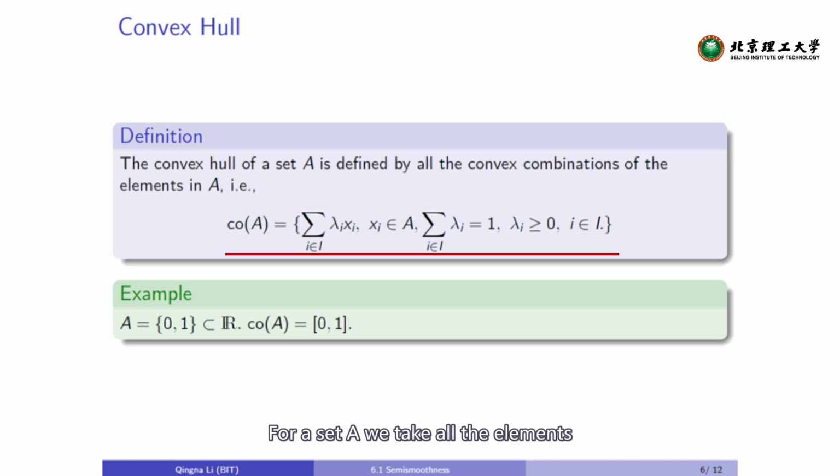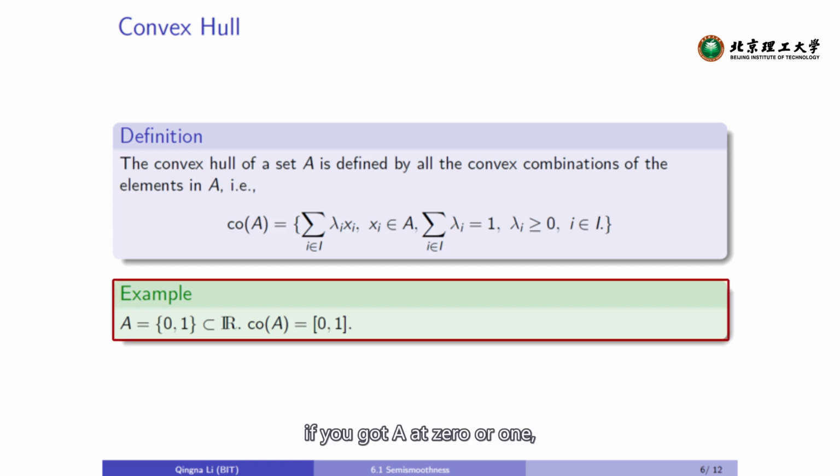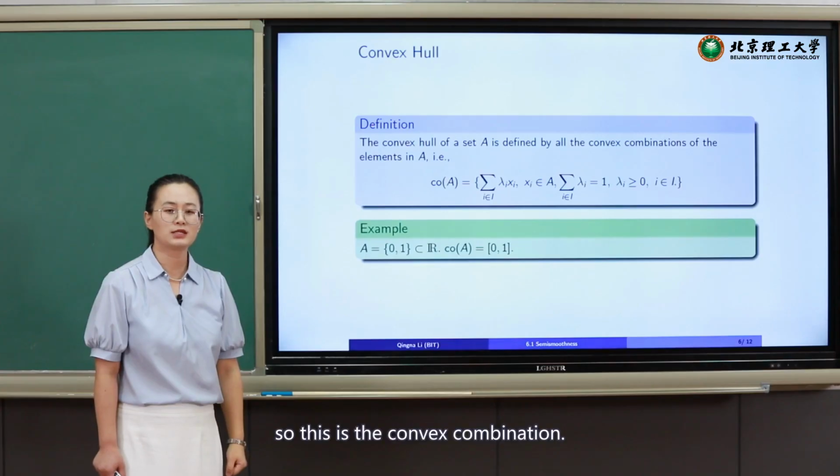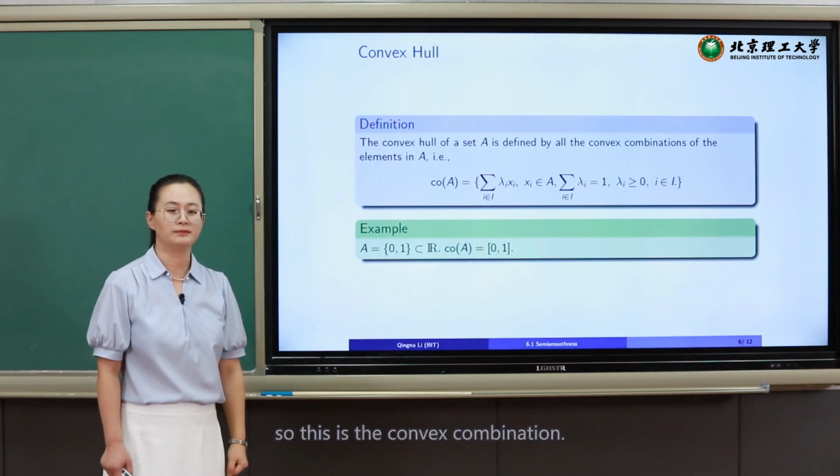So for a set A, we take any elements from A and all the possible convex combinations, then the resulting set is denoted as the convex hull of A. Coming back to our simple example, if A is the two points 0 and 1, and we take the convex combinations, then the resulting set will be the interval between 0 and 1.